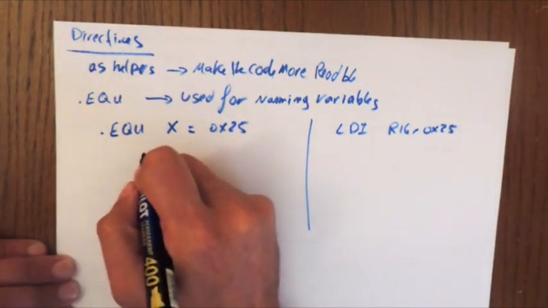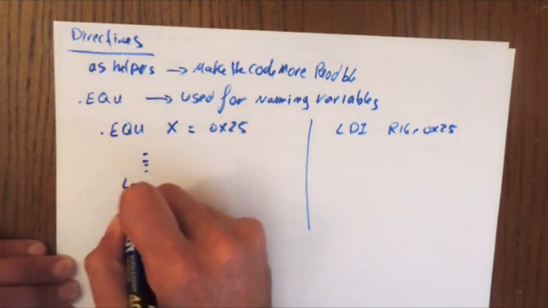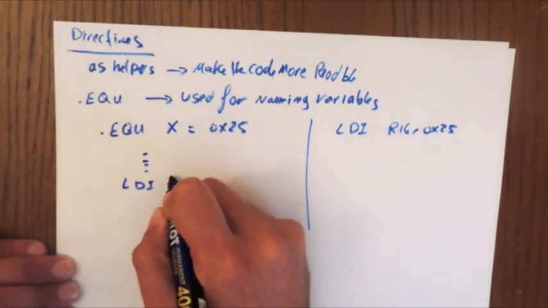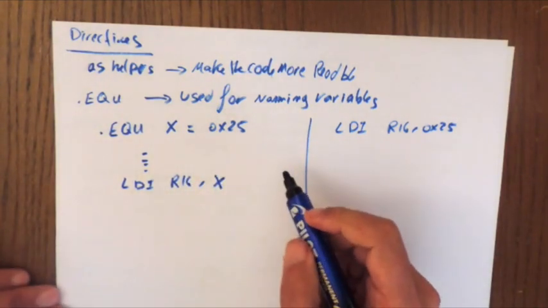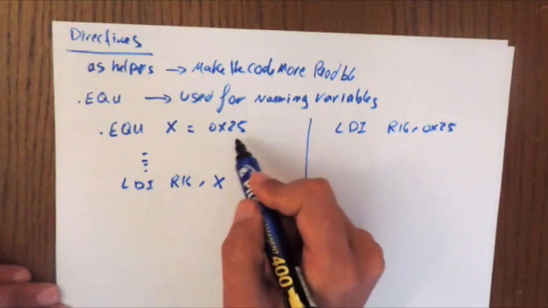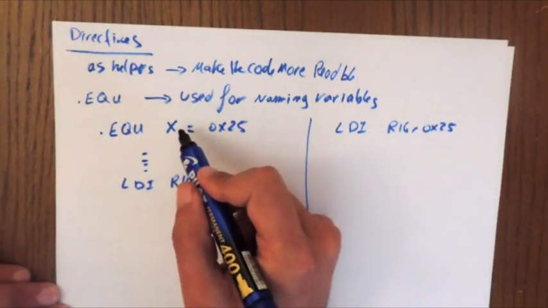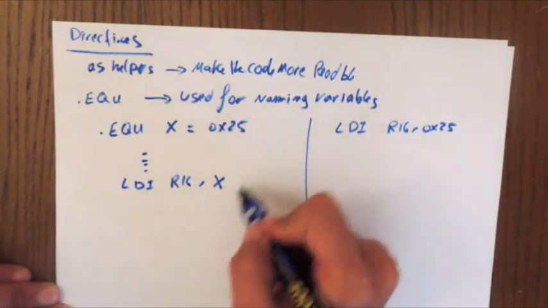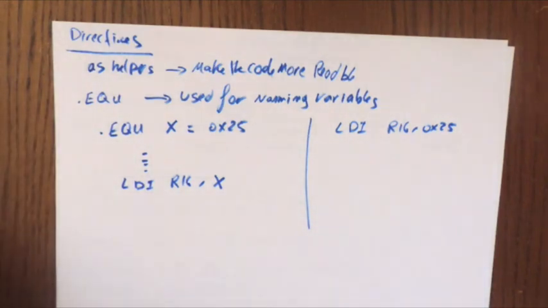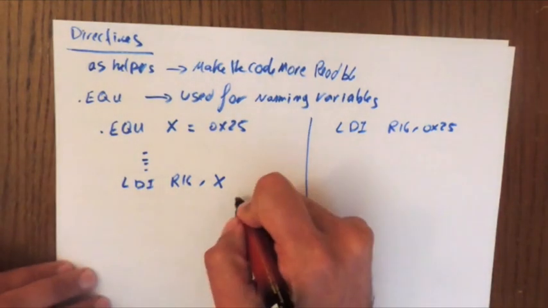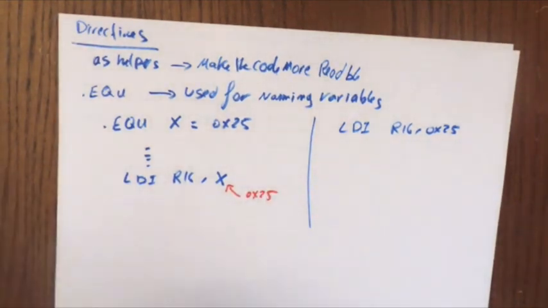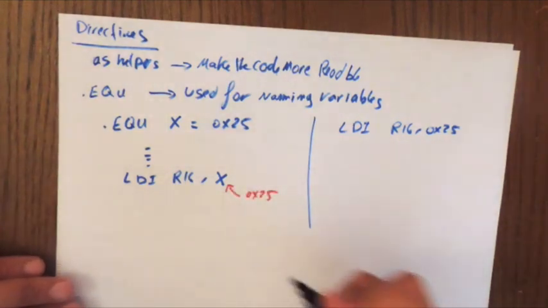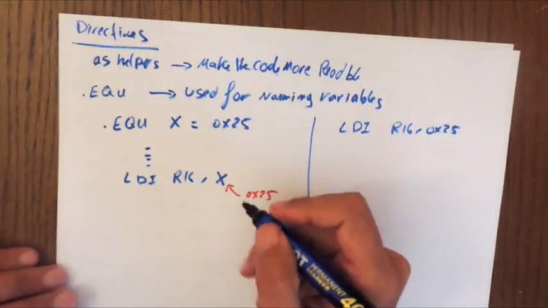So I can do something like, for some instructions, LDI R16, x. What the compiler does is just create a shortcut for 0x25. Whenever it sees x, it will place 0x25 instead. I can do this as many times as I want. Usually we place the directives above our code.